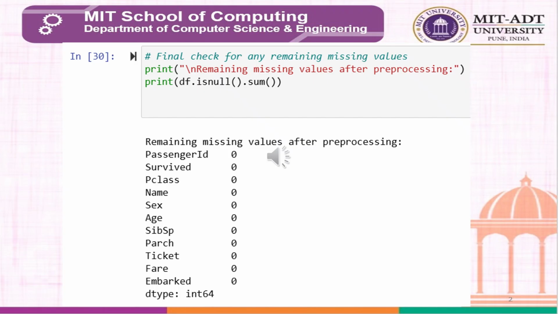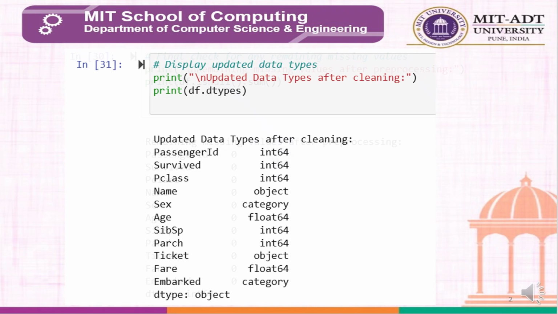So this means our data is very clean and it's ready to use. We also display the updated data types. So with print statement, you can see the updated data types after the cleaning. So these are the updated data types.